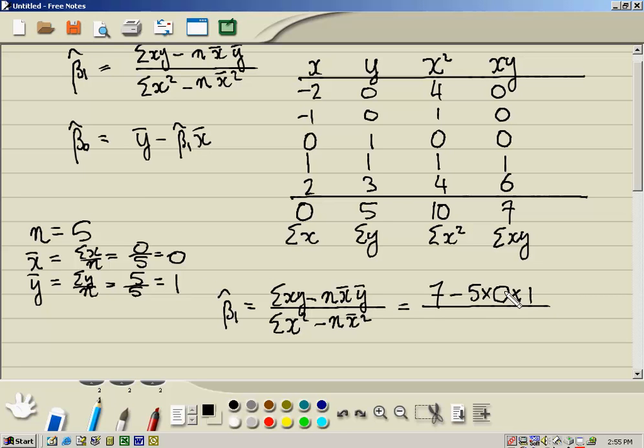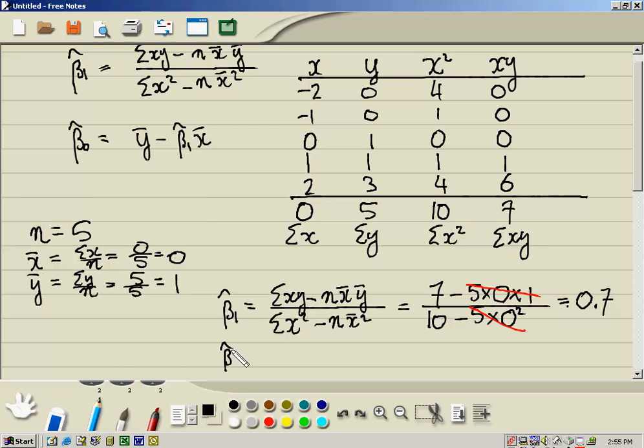It hardly matters. This 5 times 0 times 1 is 0, divided by sigma x squared, which is 10, minus n, 5 times x bar 0 squared. In this particular case, since we have x bar of 0, these terms go away. And so we're left with 7 divided by 10, and the result is 0.7.